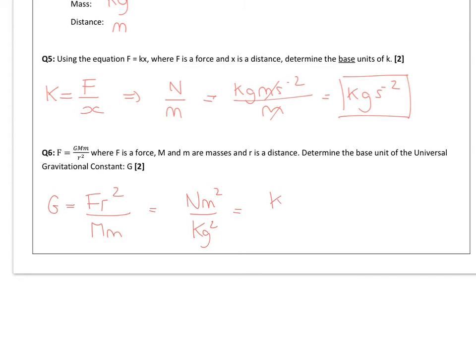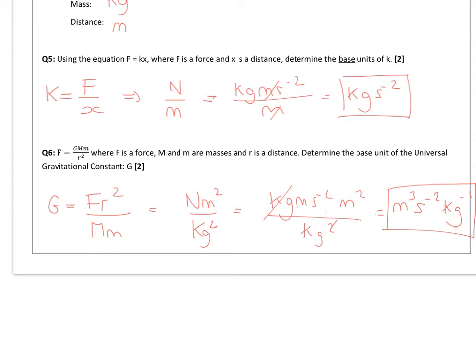Then we're just going to do kilogram s minus 2 dot meters squared over kilograms squared. So we can cancel that and the power. So we'd end up with meters cubed s to the minus 2 kg to the minus 1. And that would be the base units of G, which is the universal gravitational constant.